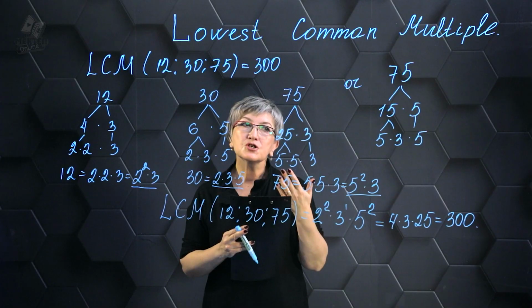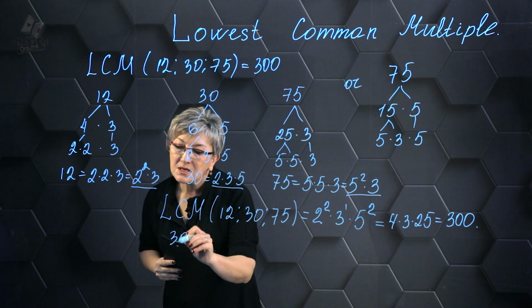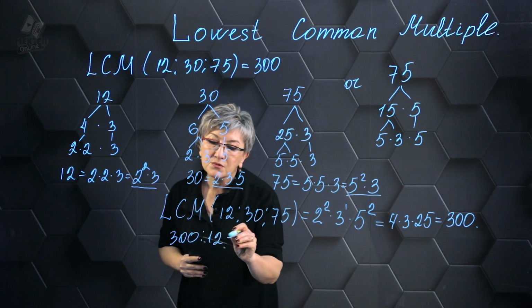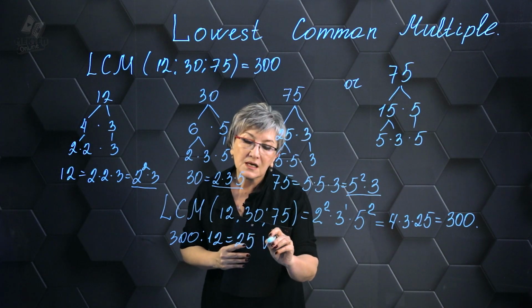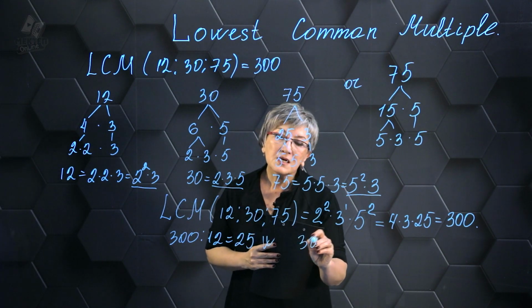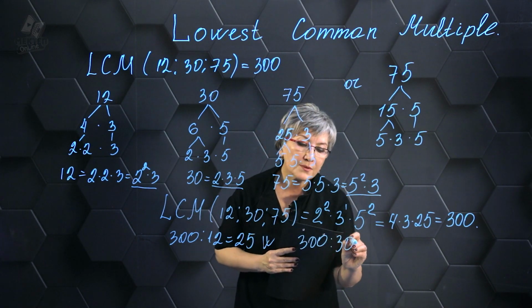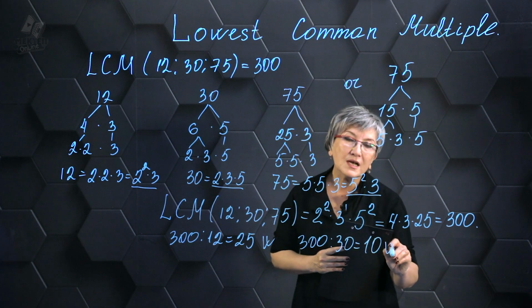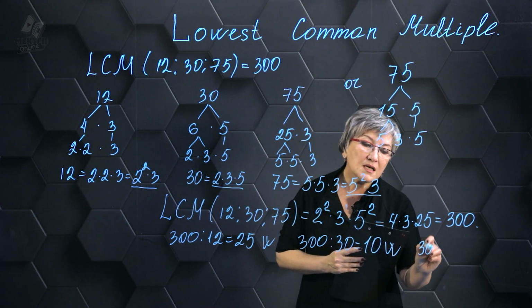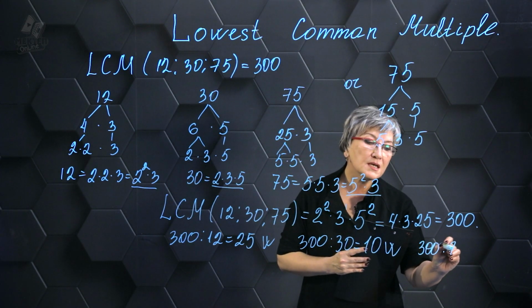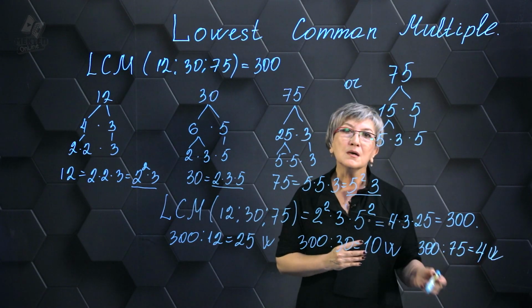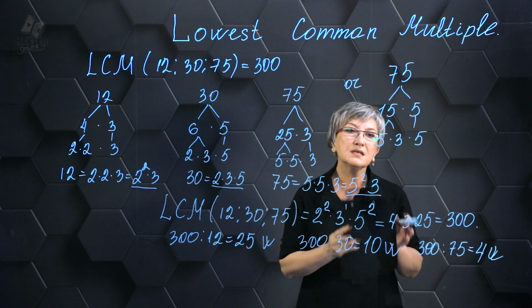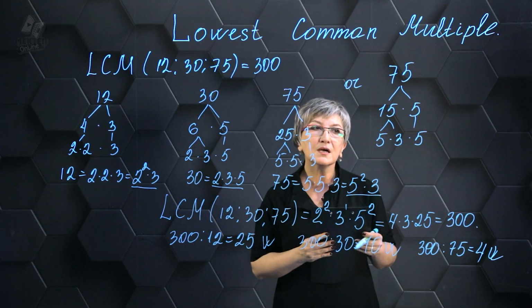I divide 300 by 30 and I get 10, which is also great. There is no remainder, and I divide 300 by 75. As a result, I have 4 with no leftovers. So I did everything correctly, and 300 is the least common multiple.